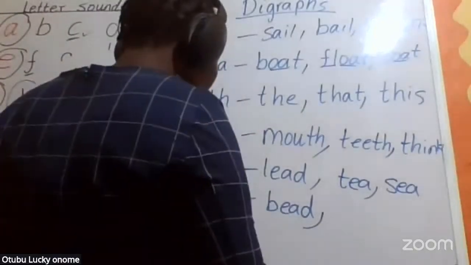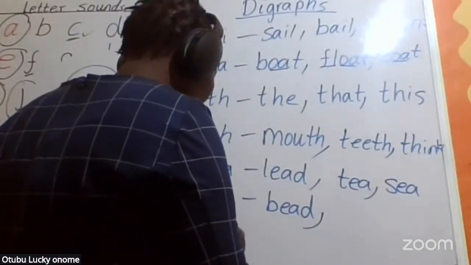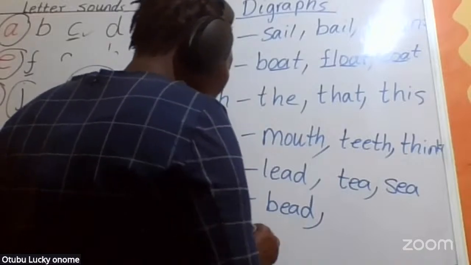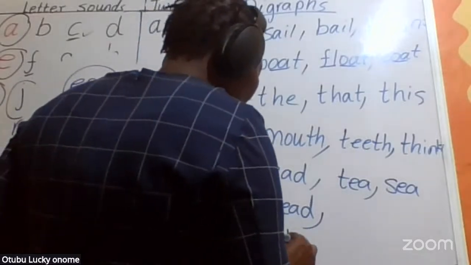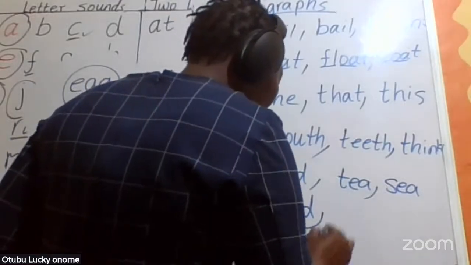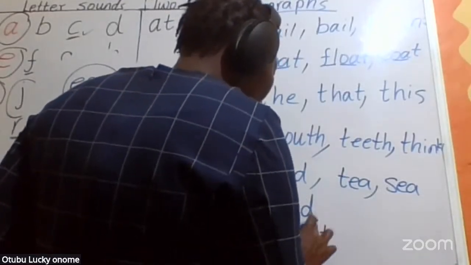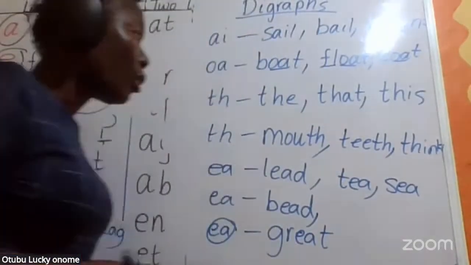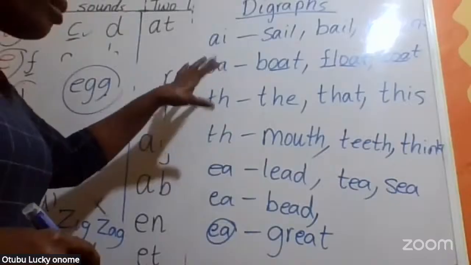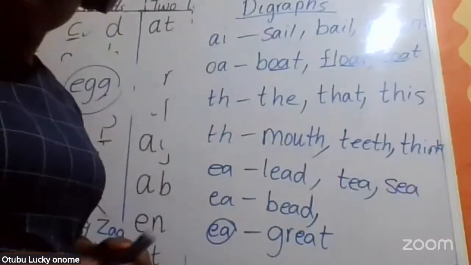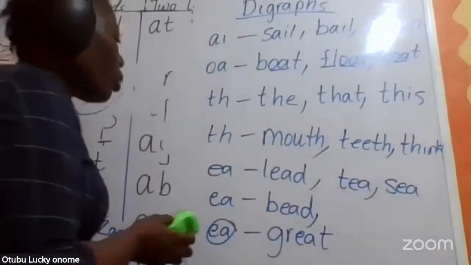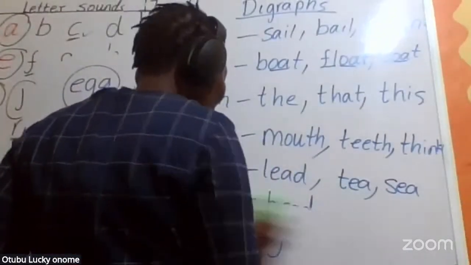Then the next one is when it sounds like a, like great, great. So these are some diagraphs. Now let's quickly go to homophones.